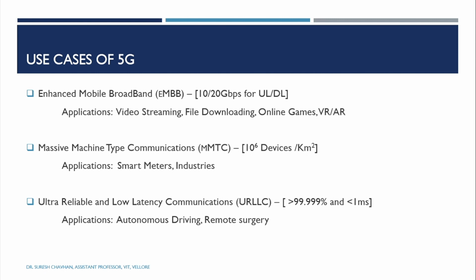Uplink it will be 10 Gbps and downlink it will be 20 Gbps. For which type of applications do we need this? Here I have mentioned a few applications for EMBB.